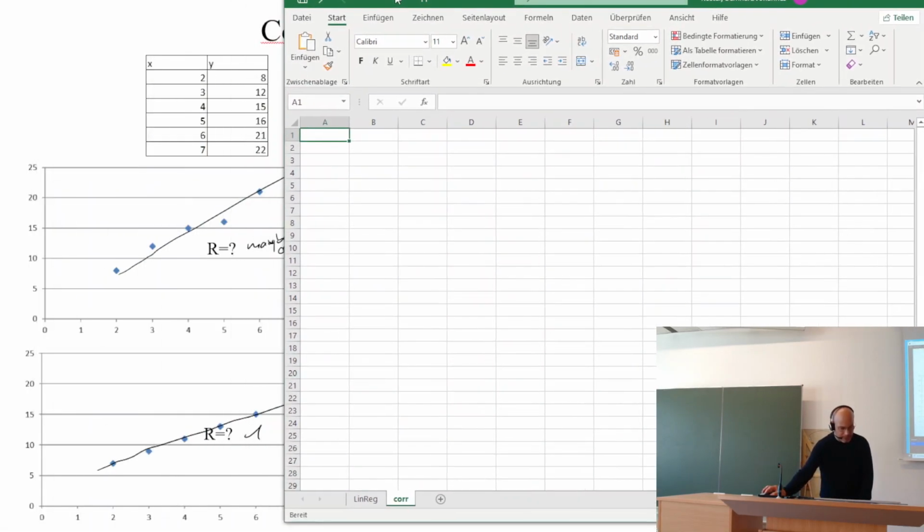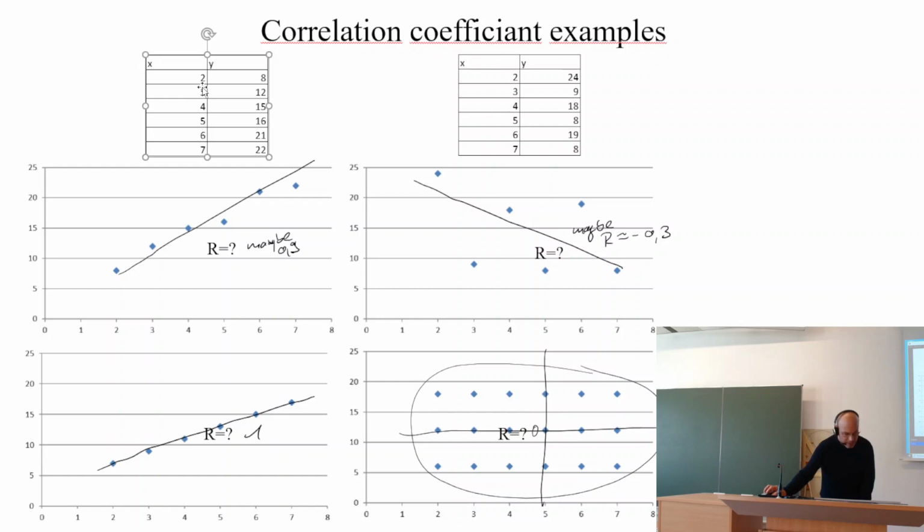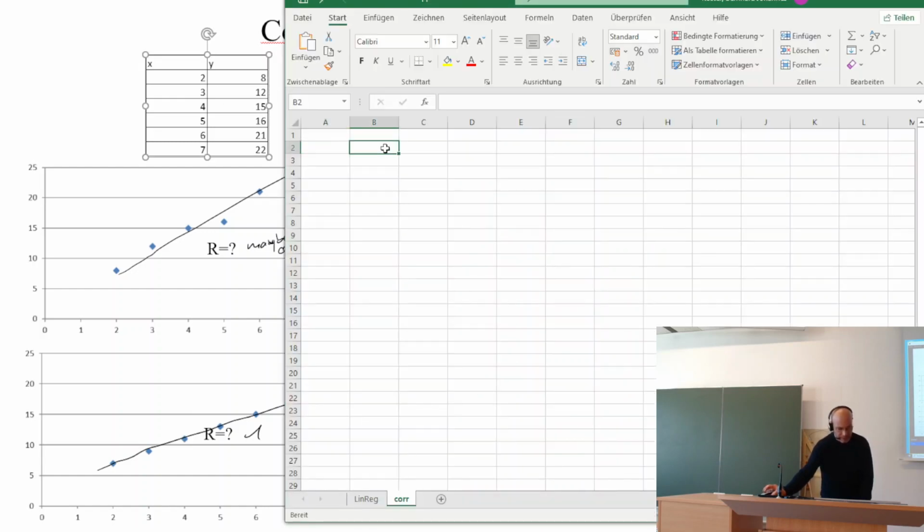It is X and Y, and I have 2, 3, 4, 5, 6, 7, and 8, 12, 15, 16, 21, 22.